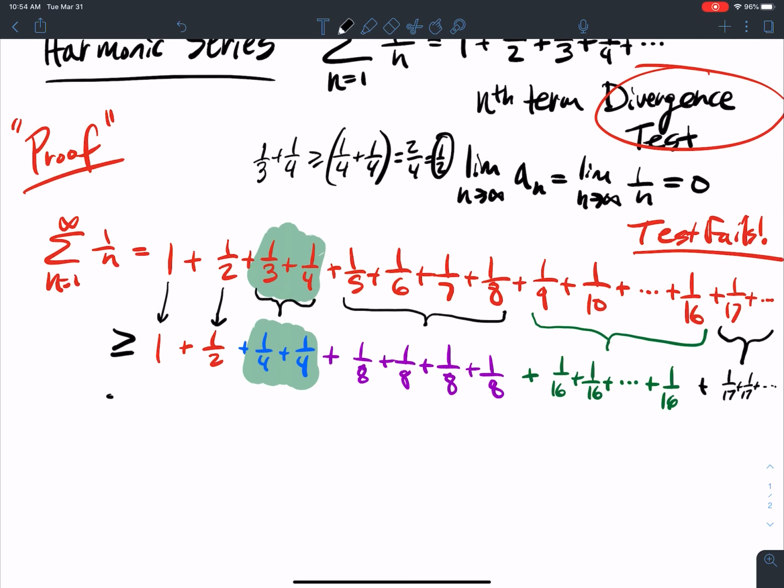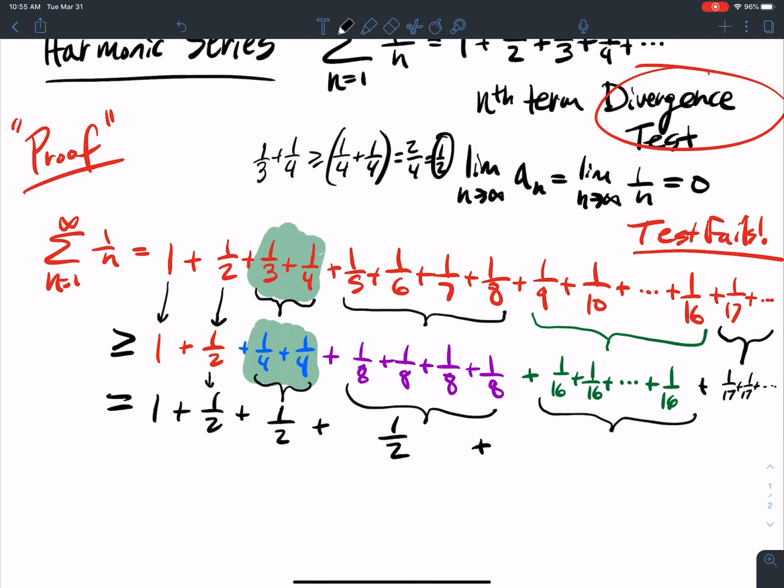So this is equal to 1 plus 1/2 plus, and this is equal to 1/2 plus, this is equal to 4/8, which is another 1/2 plus, and this is equal to 8/16, which is another 1/2 plus, and then you just continue the game, and what's happening?